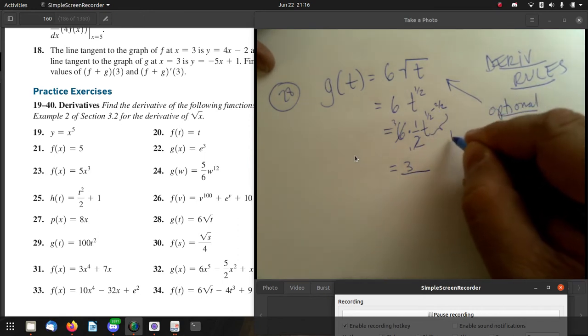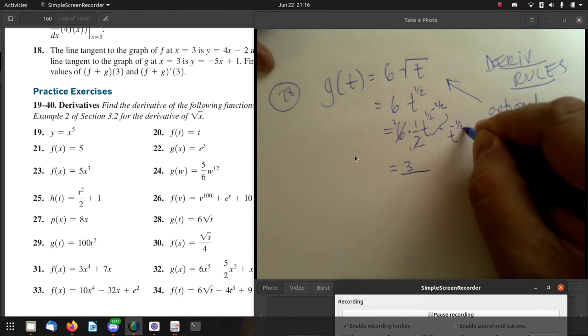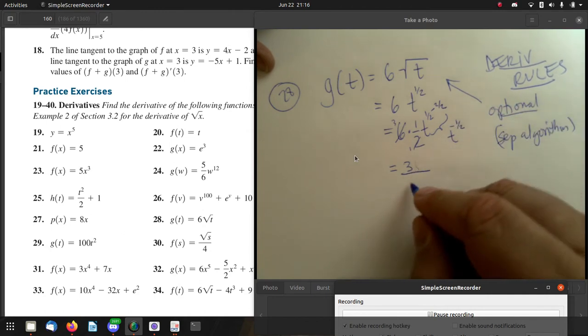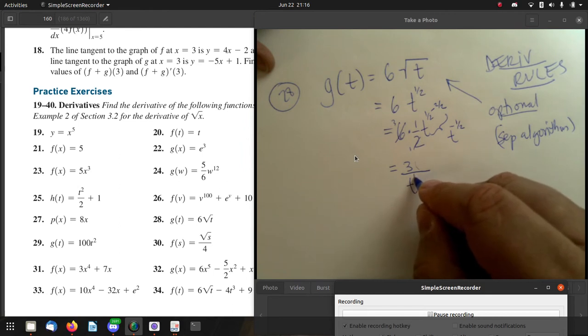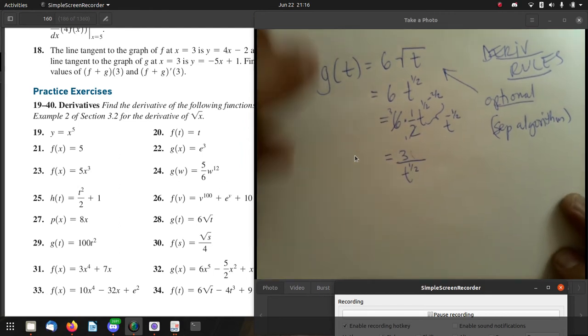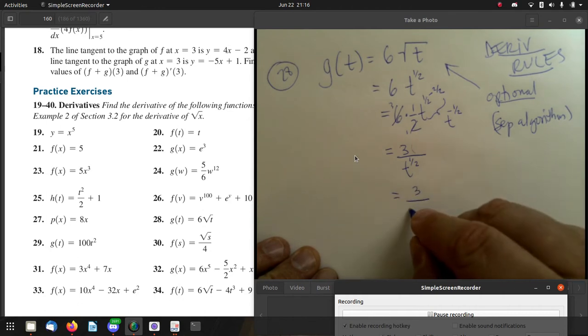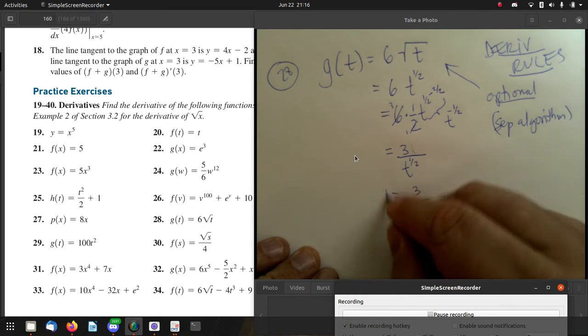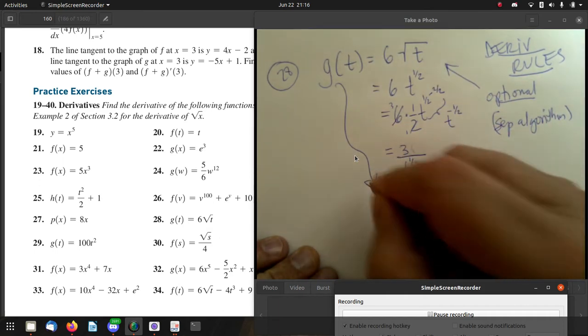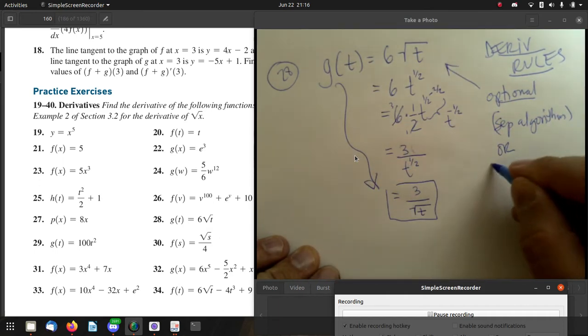This whole thing equals t to the negative 1/2, and t to the negative 1/2 in the numerator is the same as t to the 1/2 in the denominator. Okay, and so we're going to have equals 3 over the square root of t. So for me, it's just easier to do good old-fashioned power rule.